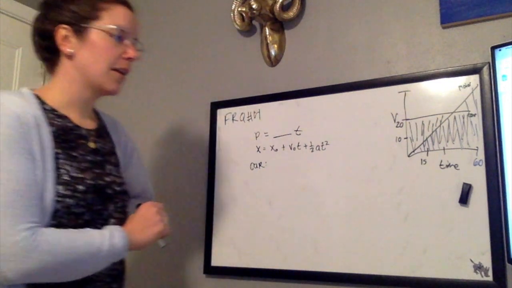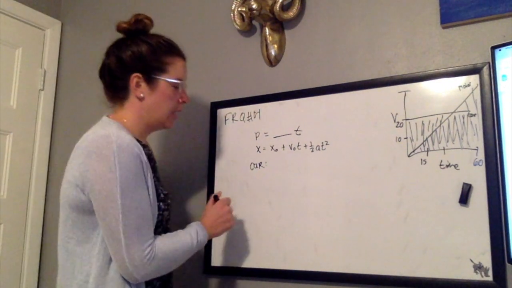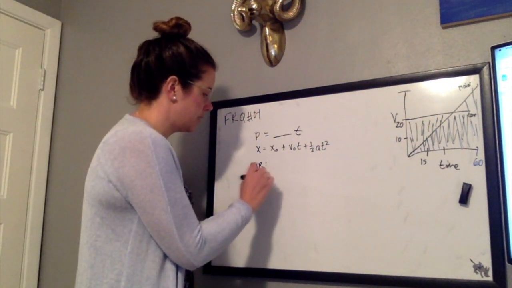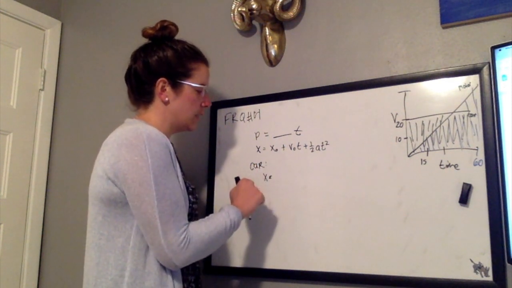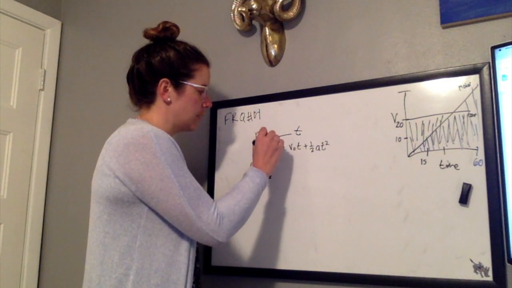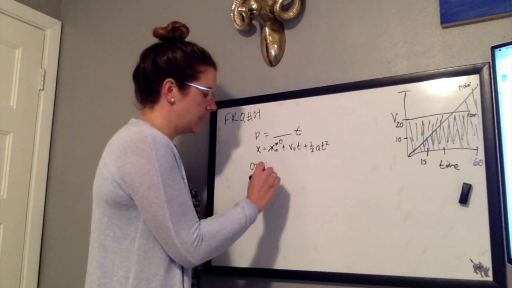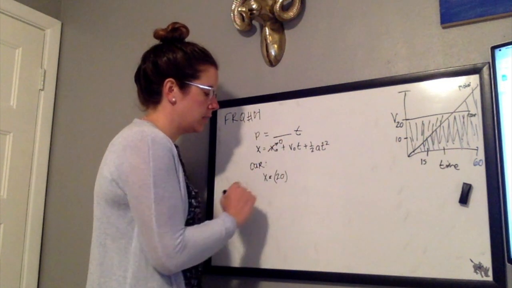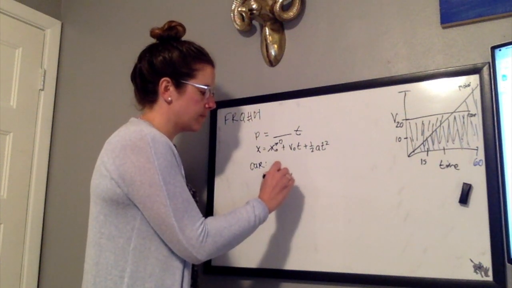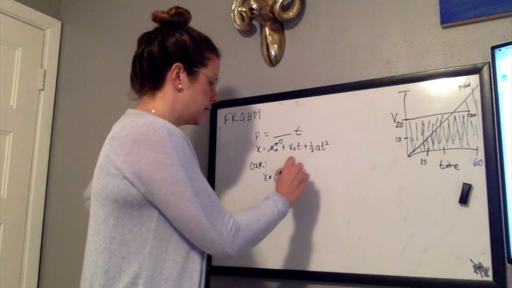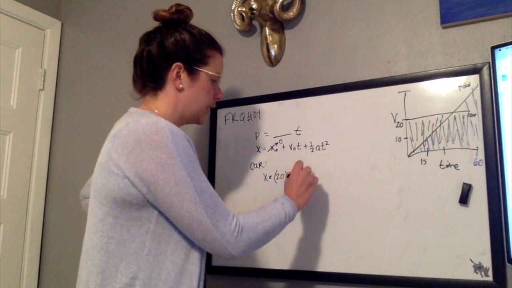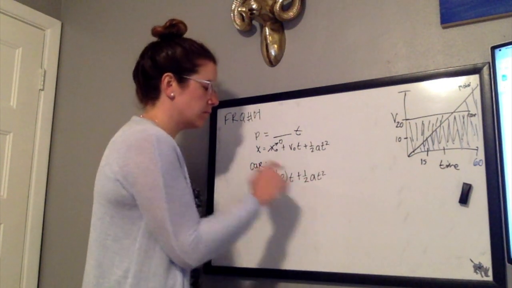The car is moving at a constant velocity. So I'm going to say x, the position, is equal to the initial position. It starts off at 0. Cool. The initial velocity is 20 times time. We want this in our equation. Plus 1/2 a t squared.